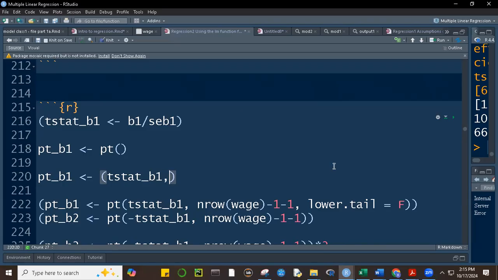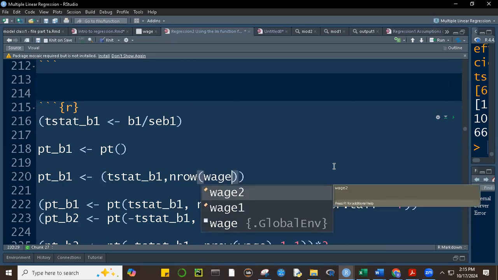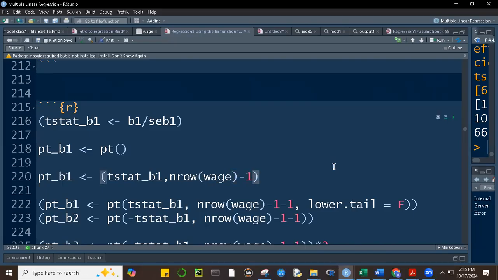And then comma, what's your degree of freedom? Your degree of freedom, class, we can just put here n row of wage, okay? And then minus 1, and then minus 1. That's minus 1 for the number of predictors, minus 1 for the intercept. Or that's minus 2.